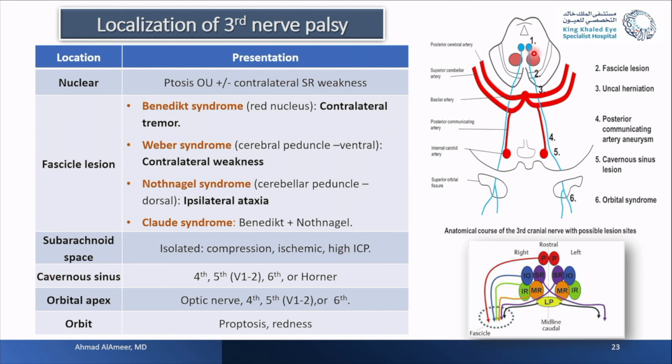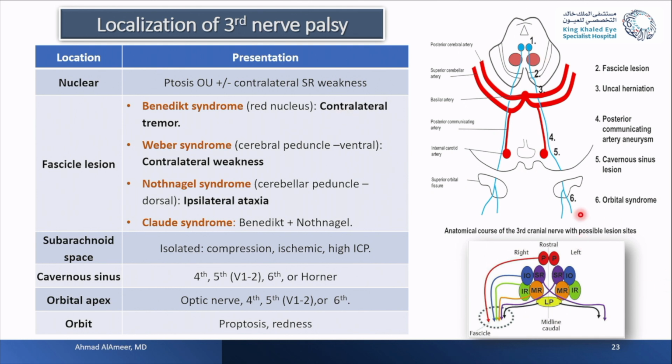It runs anteriorly, goes to the red nucleus, and goes to the cerebral peduncle, exits the midbrain anteriorly, goes between the superior cerebellar artery and the posterior cerebral artery. It runs by the posterior communicating artery, goes to the cavernous sinus, enters the orbit through the superior orbital fissure, and then innervates the extraocular muscles.